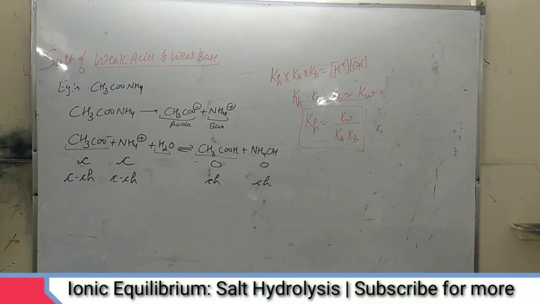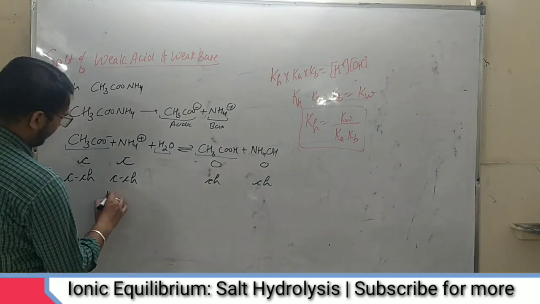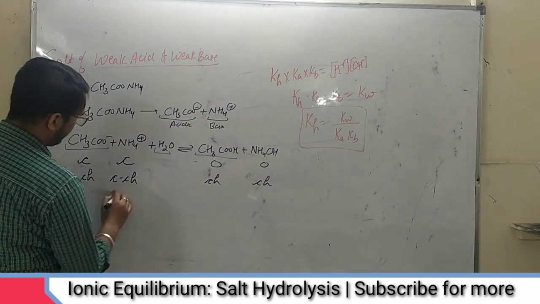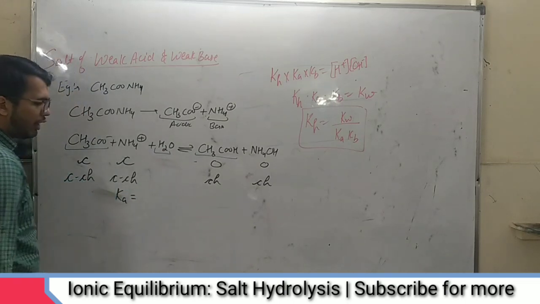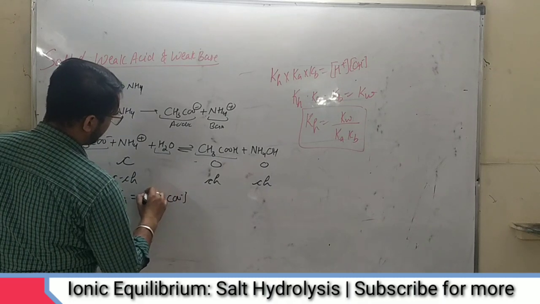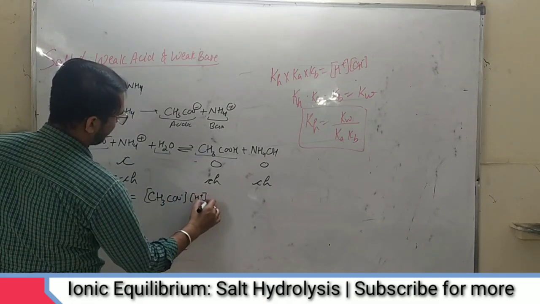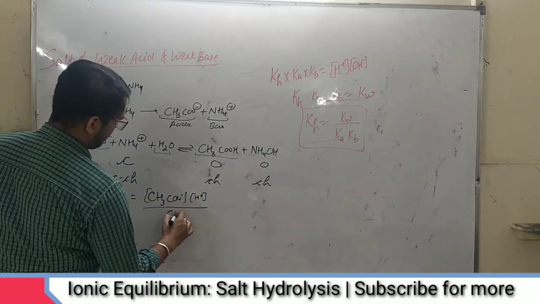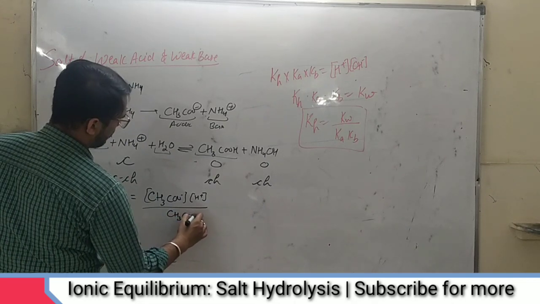From this case, we know that Ka was equal to CH3COO negative into H positive upon CH3COOH.